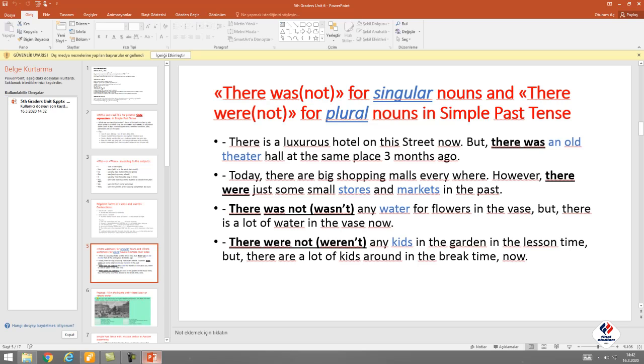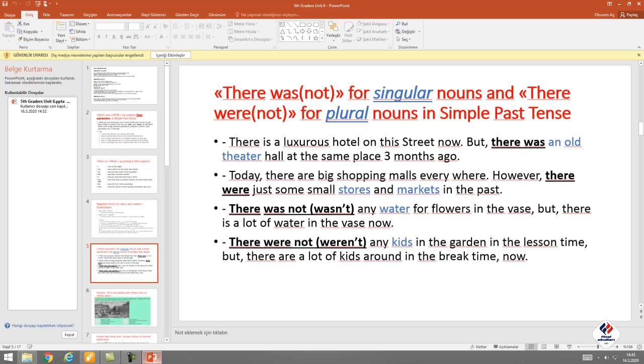By the way, there was not can also be contracted as there wasn't. So we can also read and speak the sentence like this. There wasn't any water for flowers in the vase, but there is a lot of water in the vase now. And as for the last example, we have the plural form there were in the simple past like this.